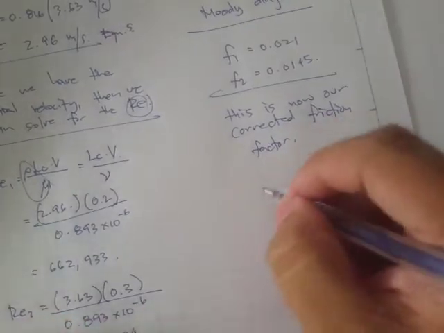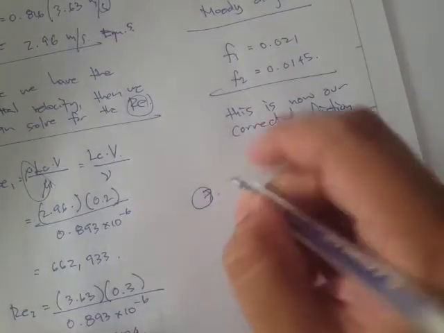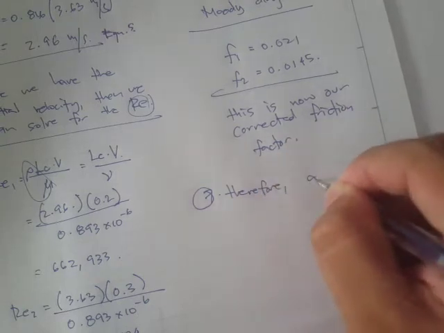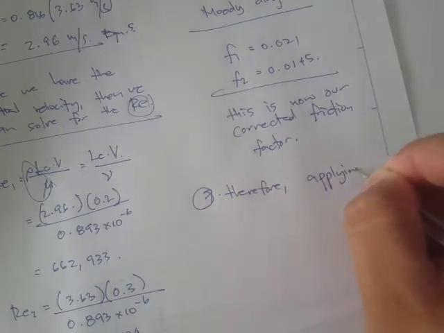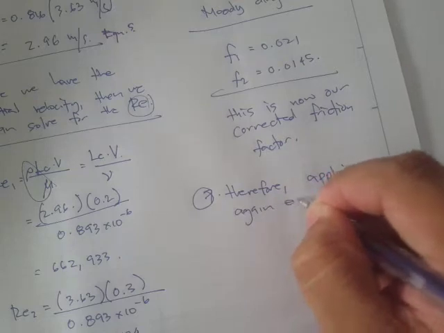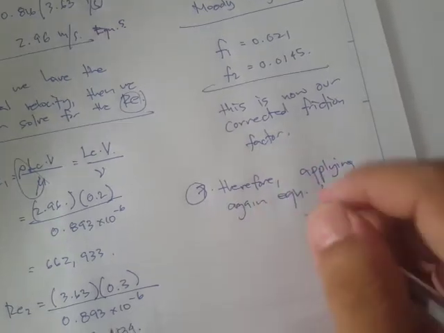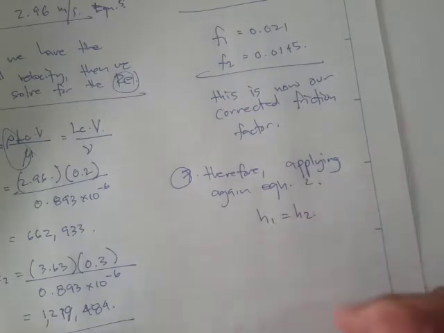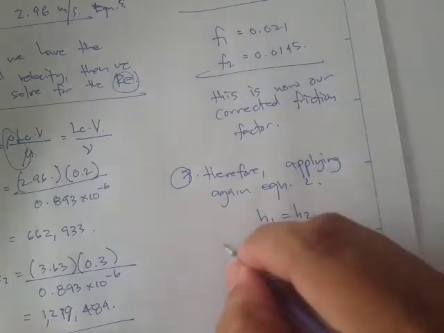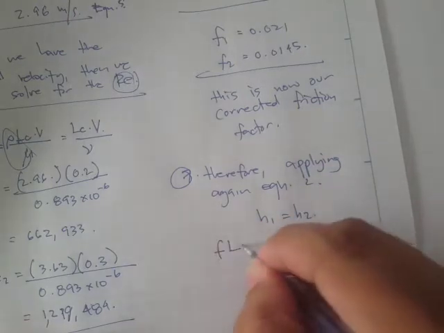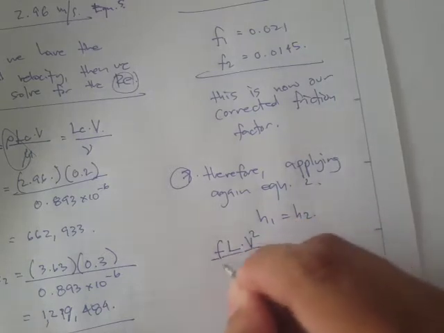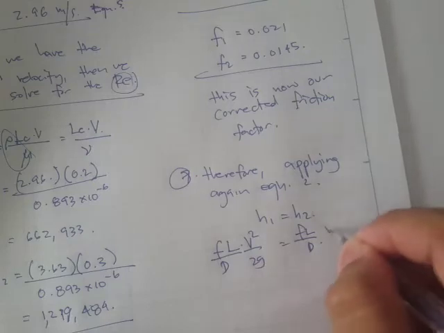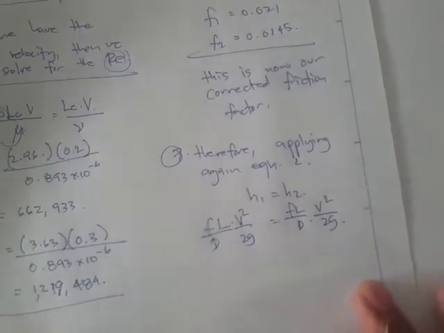Therefore, applying again equation 2. So H sub 1 is equal to H sub 2. So it's just FL times V squared all over 2G, right? Is equal to FL over D times V squared all over 2G.